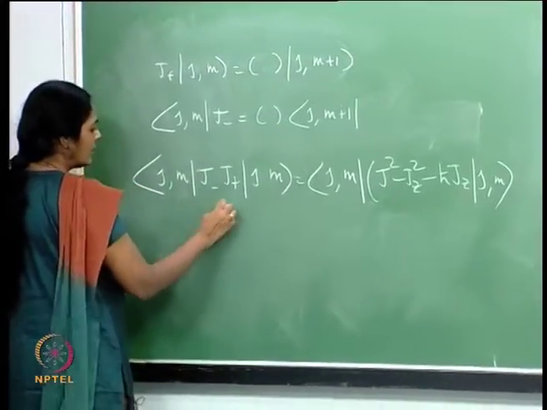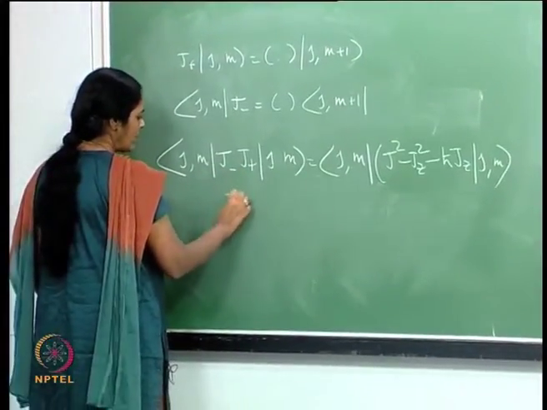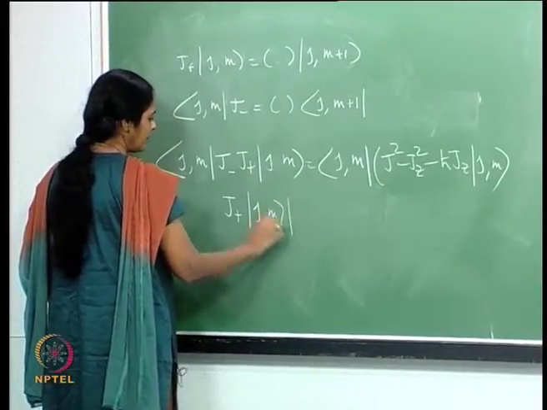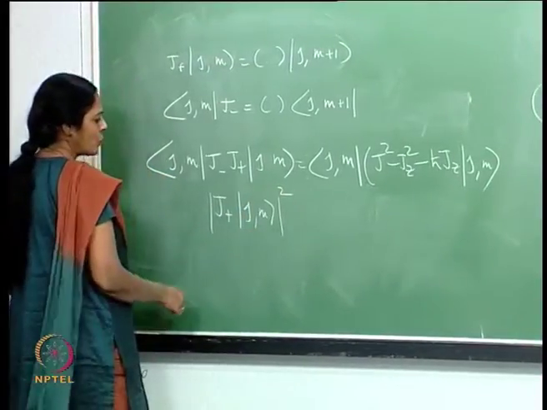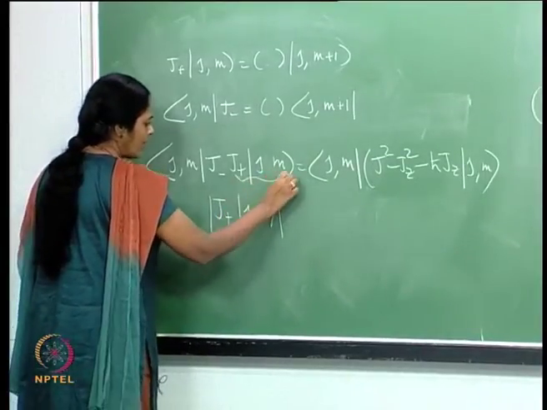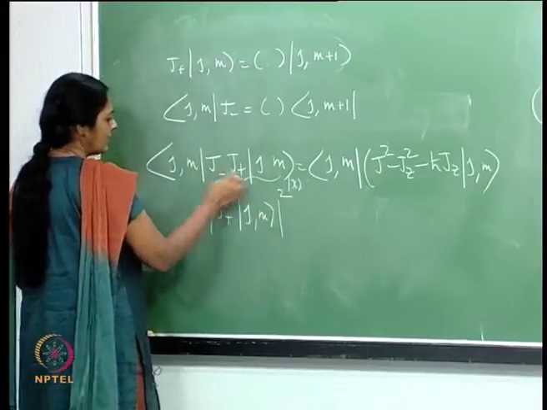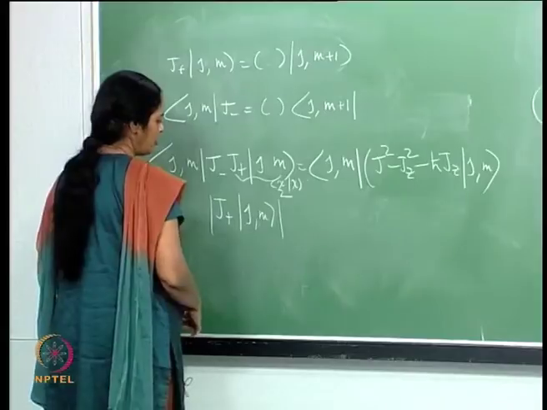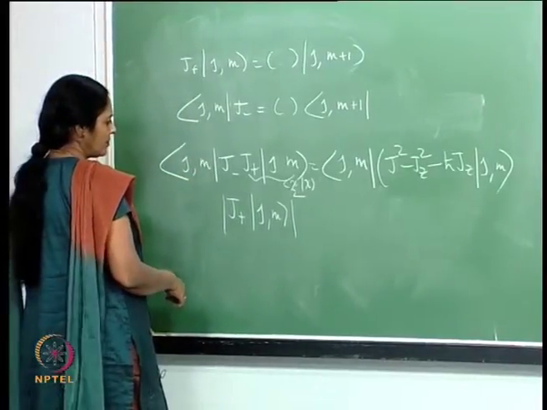It's also clear that this object can be written as |J₊|j,m⟩|², mod squared, because J₊|j,m⟩ is like some ket chi. This is like the bra, and therefore this is like the mod square of that object.